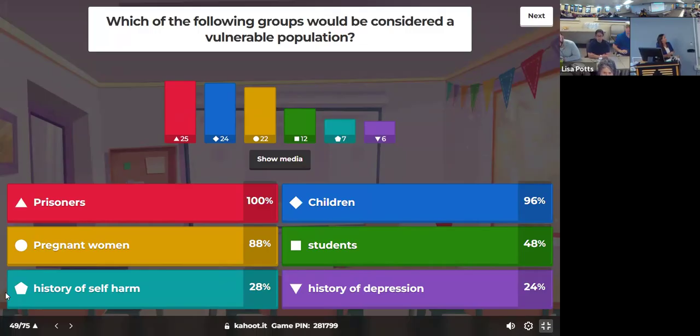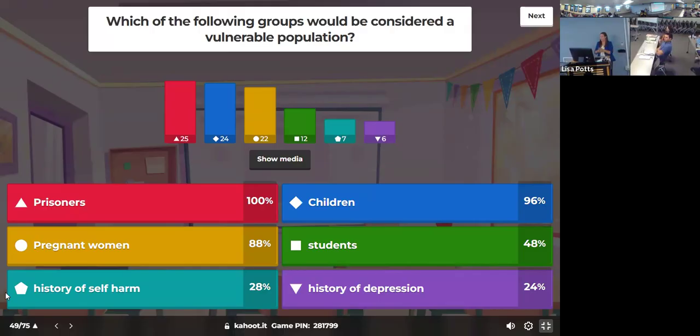A fair amount of people chose students. It could depend. That's where you have to consider coercion or undue influence coming into play. And you need to think not just about whether actual coercion or undue influence is happening, but whether there's any chance of perceived undue influence or coercion.